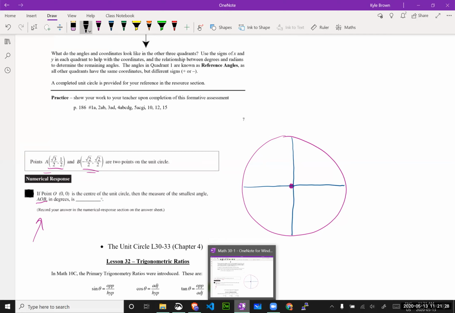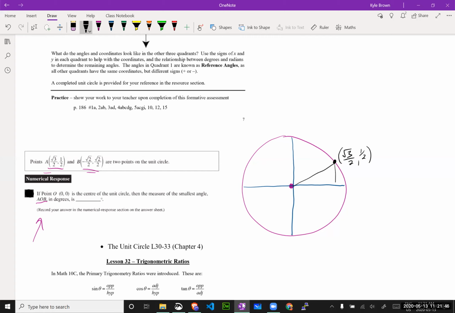That would be this point, so you've got √3/2, comma, and then a half. And just remember where that came from, right? That was still just that 30-60 triangle, and those are just the side lengths of the triangle that we had. So that's our first point, and we'll call that A.